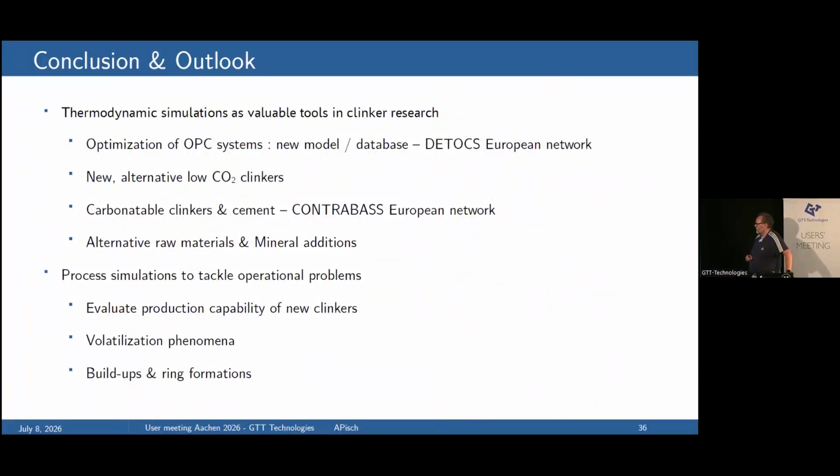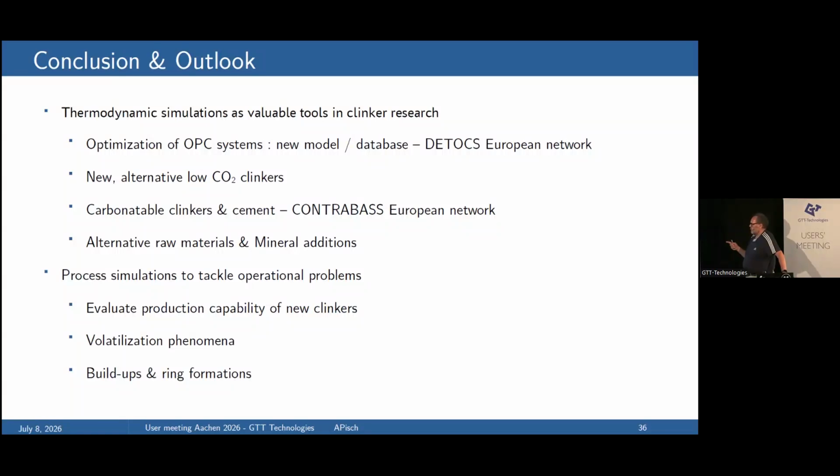Okay, conclusions, outlook. So thermodynamic simulations are really a valuable tool in clinker research. And I forgot to say that the model I've calculated with ChemApp, because at that time there was no process flow or FactFlow or something like that, so I had to program it in ChemApp.